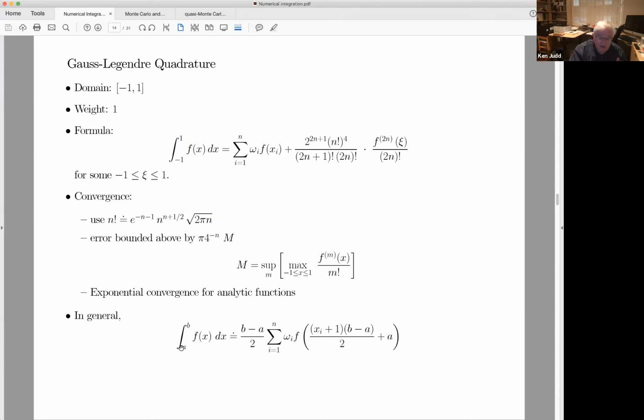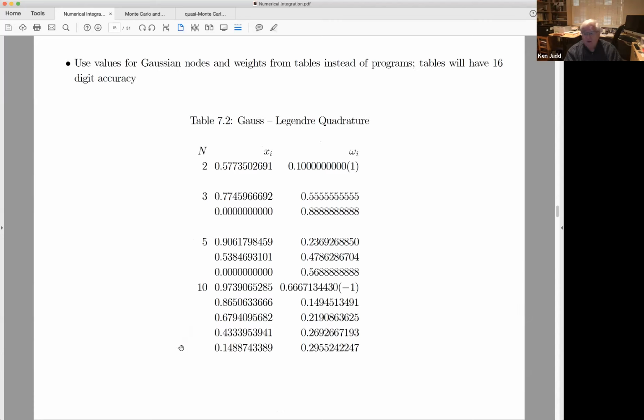Now, where do the zeros come from, and where do you get the nodes? Well, you always just have to look up tables, and there's multiple tables around. I have produced some, and I'll post them. So you should never find yourself doing anything to compute the weights and points for Gauss-Legendre quadrature, or for any of the next two that I'm going to show you.